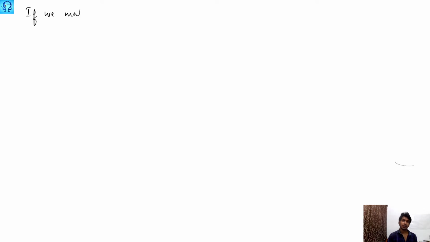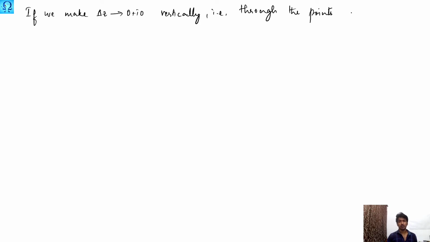If we make delta z go to 0 plus iota times 0 vertically, that is through the points 0 comma delta y, then what is our delta z?